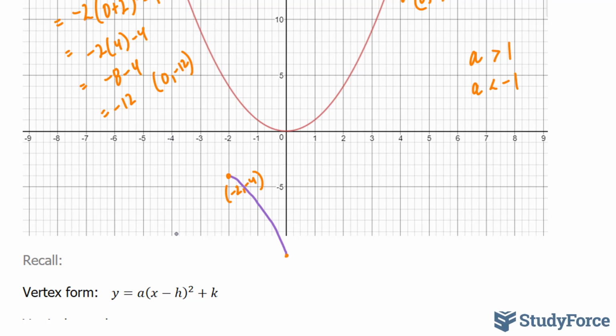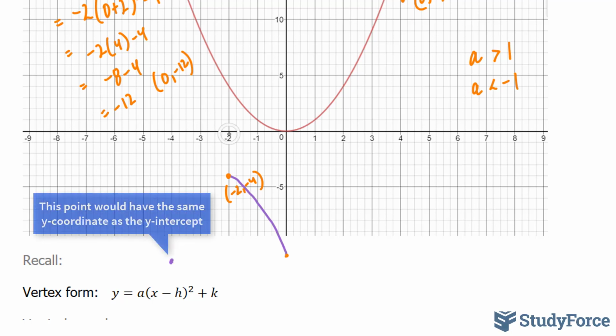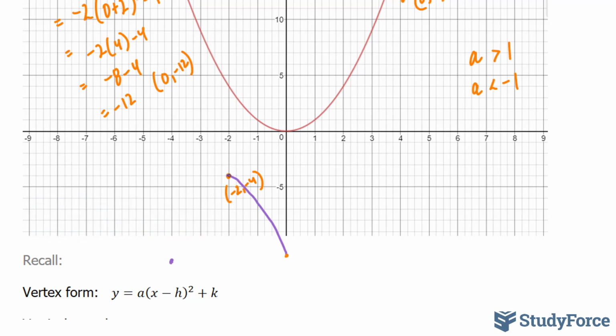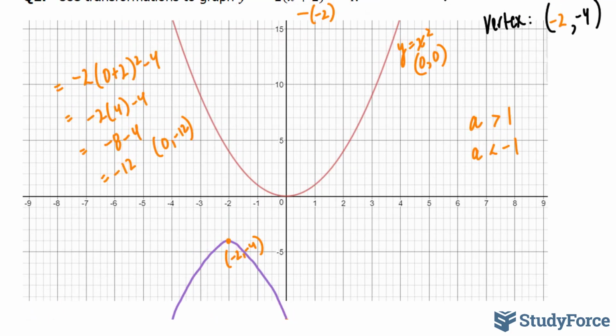And our other point will be here, because I'm adding 2 to negative 2, and that goes to the left. And all I have to do now is connect this vertex with that point, and I am done. What you see in purple actually looks a factor of 2 skinnier than what you see in red.